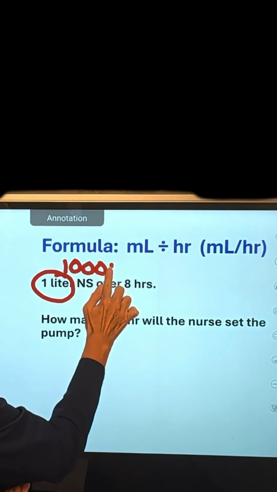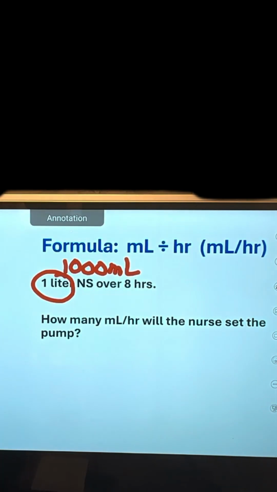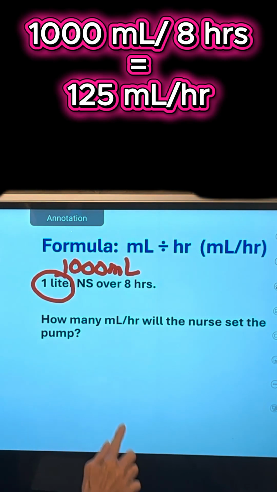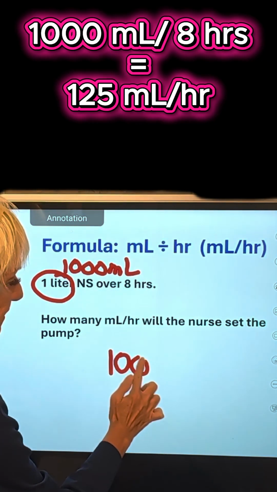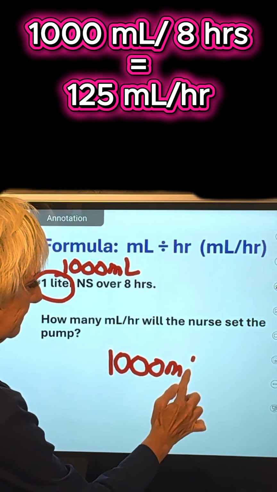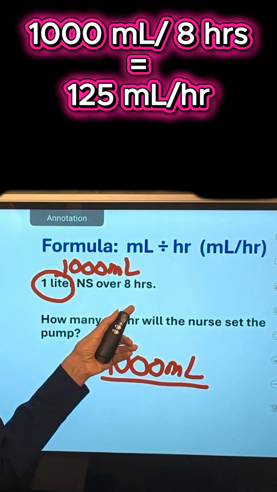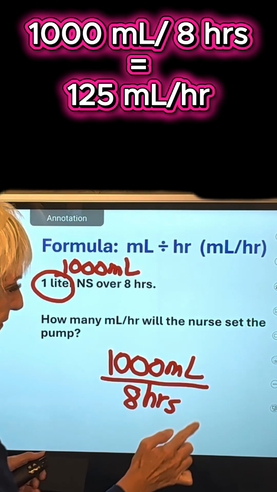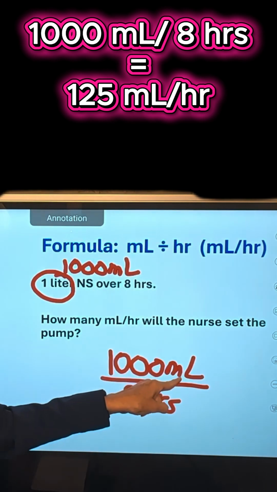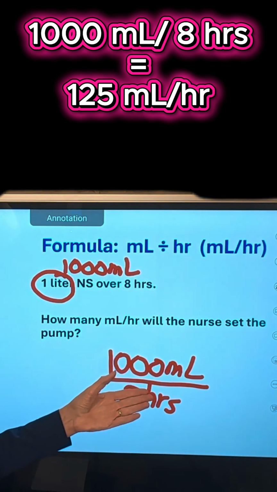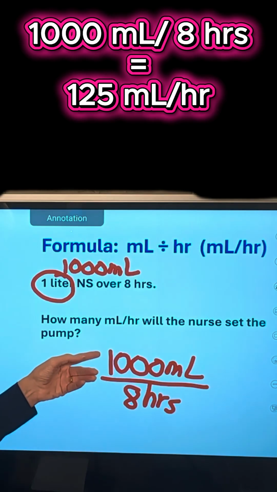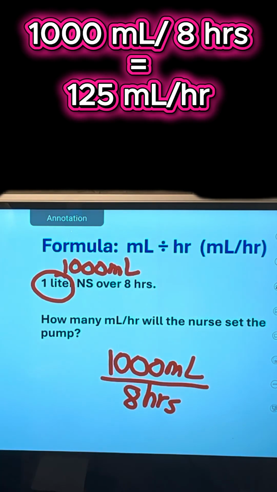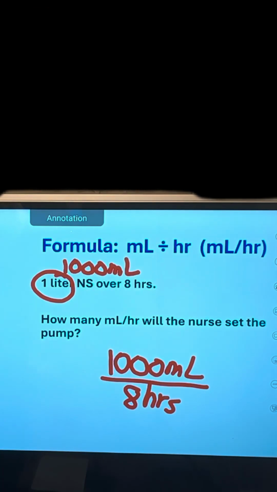That's the number I need, is 1,000, because that's the milliliters. 1,000 milliliters is my top number, and it's going to go in over 8 hours. So 8 hours is the bottom number, and I do have milliliters an hour now in my math problem. And 1,000 milliliters divided by 8 hours is 125 milliliters an hour.